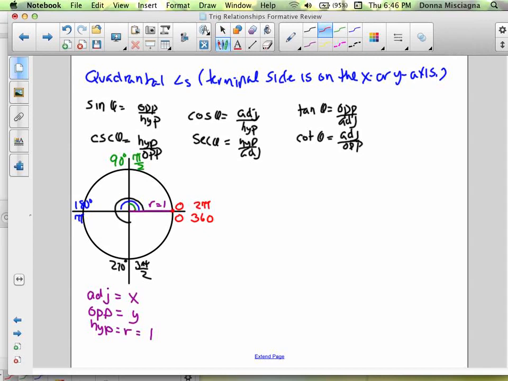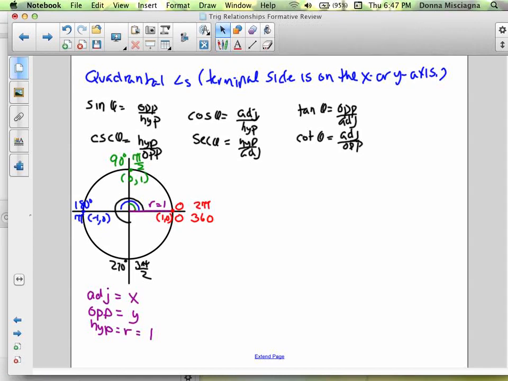So here we're going around the circle on a coordinate plane. Right? So that location on the coordinate plane is the point 1, 0. This location is the point 0, 1. This location is the point -1, 0.